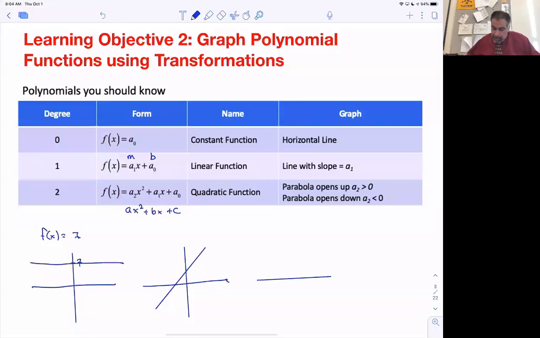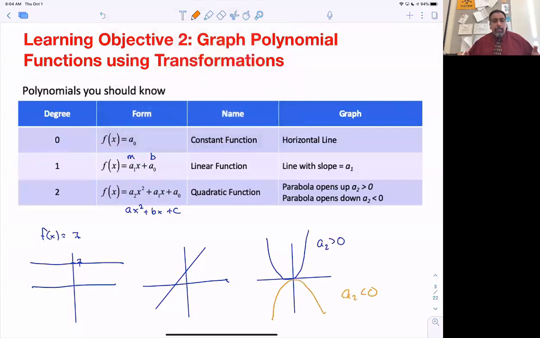For our parabolas, if the leading coefficient is positive, it will open upward like this, and I'll put it through the origin there because that's the basic one. That's if A2 is greater than 0. And if A2 is less than 0, then we would have a parabola that would open downward like this.